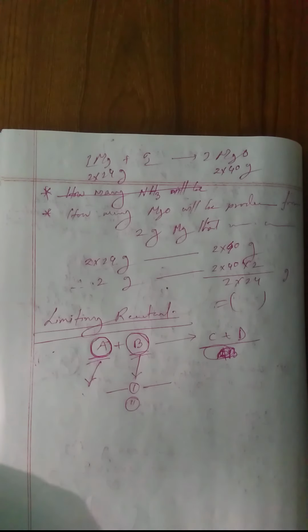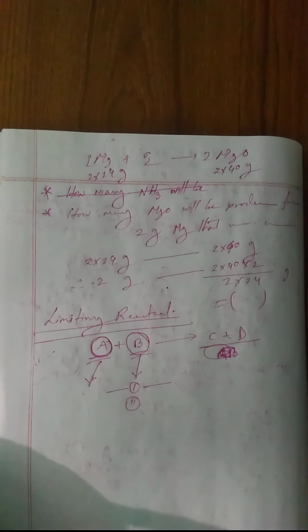And why we don't get the desired amount of product also depends on limiting reactant. So limiting reactant is very important for a chemical reaction. And for how much time the reaction will continue also depends on limiting reactant. So limiting reactant is a very important term.